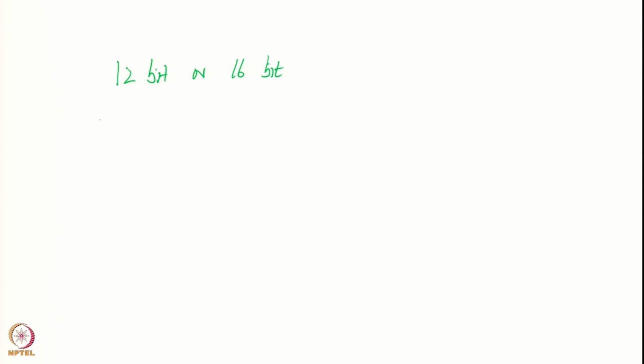In a 12-bit digitizer, 1 plus 11, this 1 is for the sign, and 11 bits, what will it give you? 2 to the power 11 minus 1. 2 to the power 11 is 2048 minus 1, that is equal to 2047. Okay. So this is the largest number that you can store. Therefore in your FID, when you add up the intensities of the small signal and the large signal, it should be below 2047.